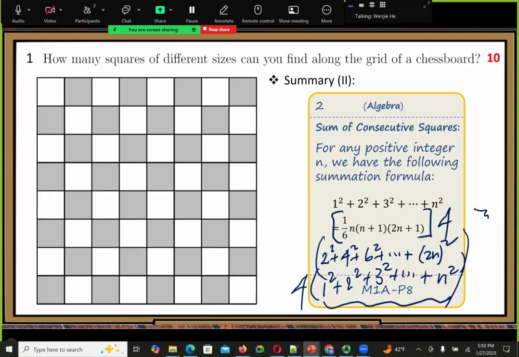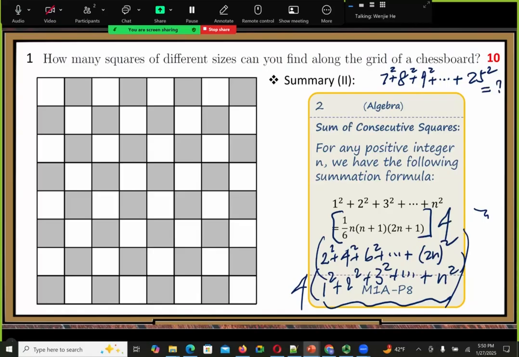Another example. Let me ask you another example. If I ask you to calculate 7 square plus 8 square plus 9 square, consecutive squares, plus, up to 25 square. How to calculate this number?